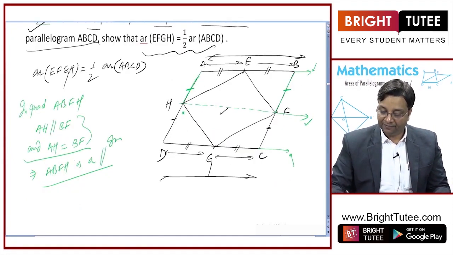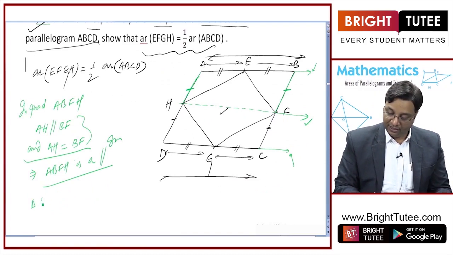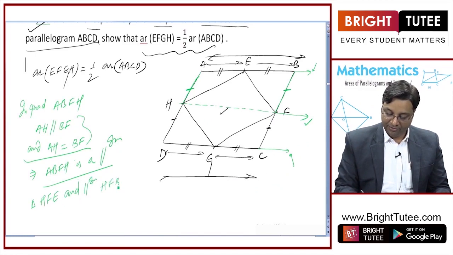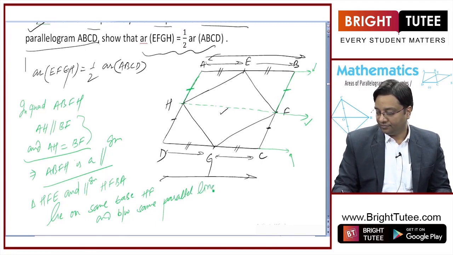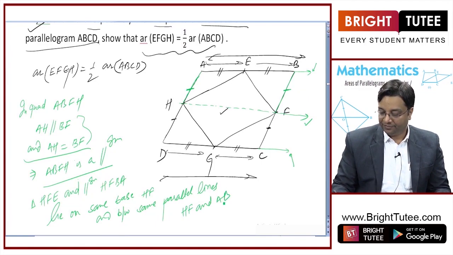Now, can I say that triangle HFE and parallelogram HFBA lie on same base HF and between same parallel lines HF and AB.